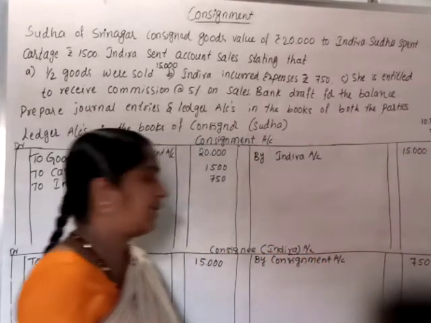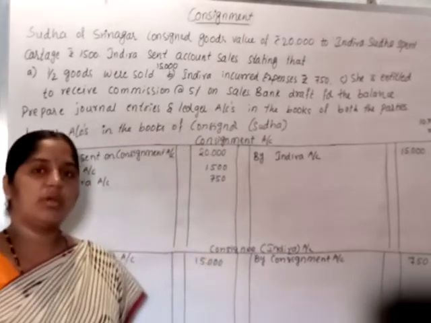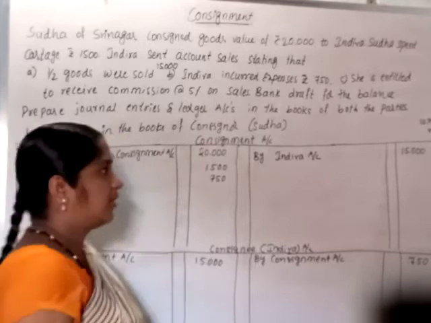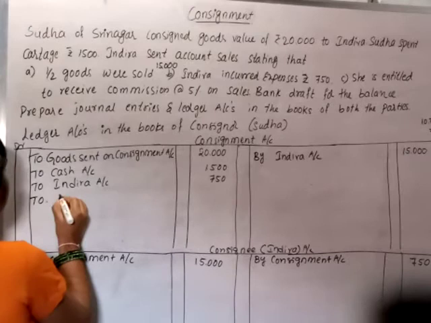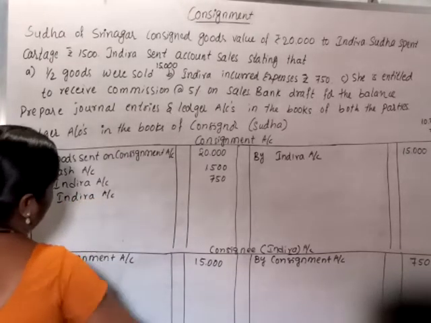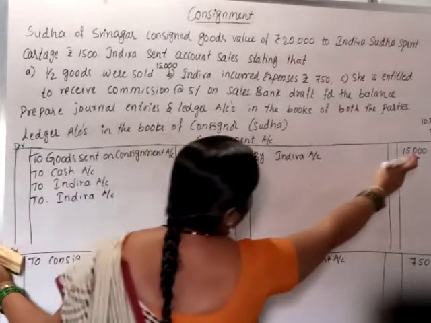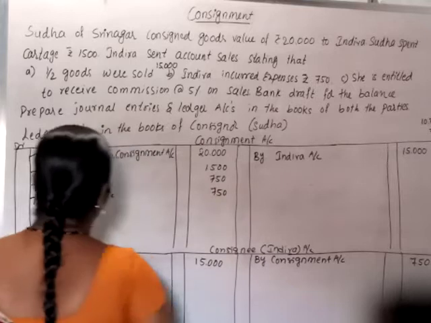Next one, commission. For the commission entry is consignment account debit to consignee account. So consignment account we debited. That's why debit side of the consignment account write as to consignee account. Consignee is nothing but Indira only. So calculated already we, roughly 750 rupees. Okay.